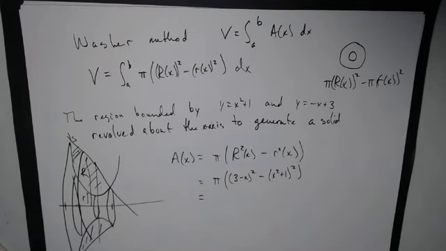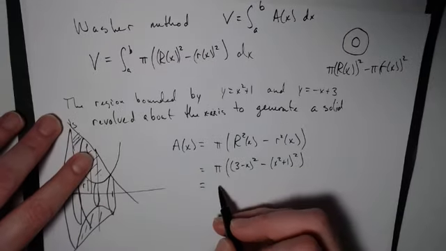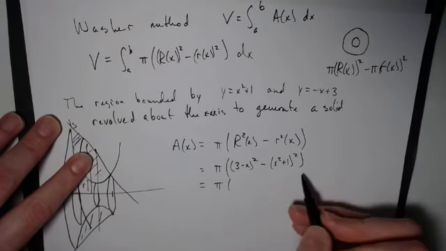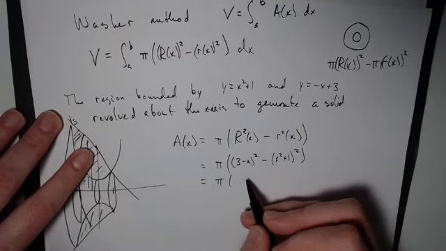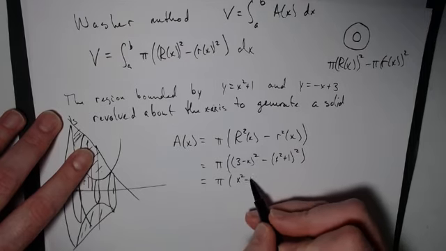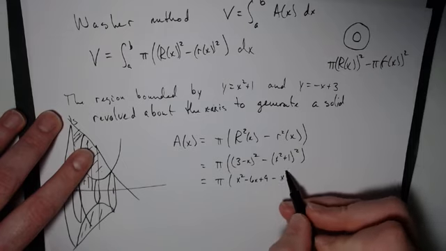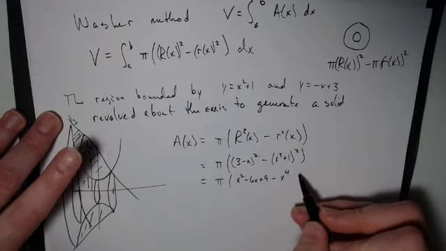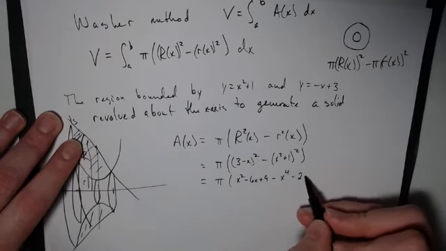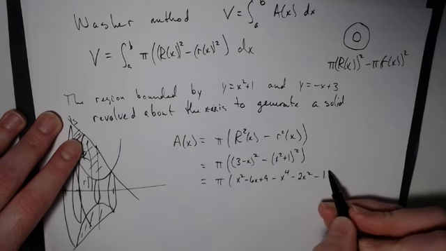And I recommend you go ahead and multiply this out, FOIL it out, combine like terms before you bother to put it in the integral. It'll just make your life a little easier. Now I'm not going to multiply out the pi, just the inside part. So let's see, that's going to be x squared minus 6x plus 9 minus x to the fourth minus 2x squared minus 1.